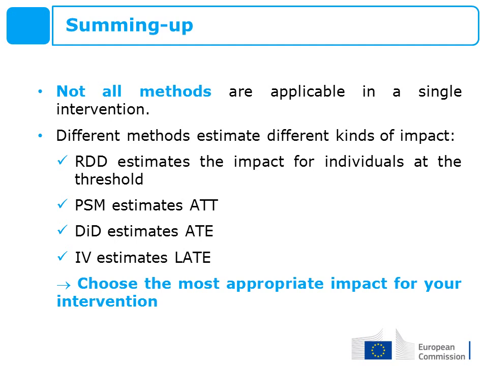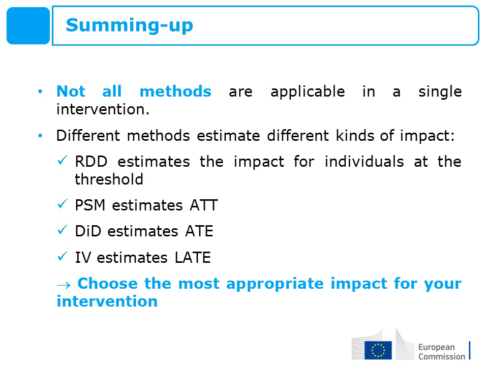PSM estimates the ATT. For example, it would fit evaluation questions like, what is the impact of a training program on employment for unemployed individuals in a group with the composition of sexes, age and education equal to the one of the treated group? Difference in difference estimates the ATE.